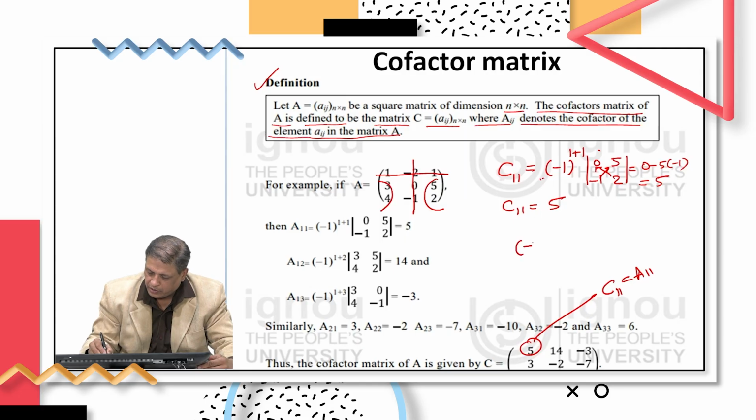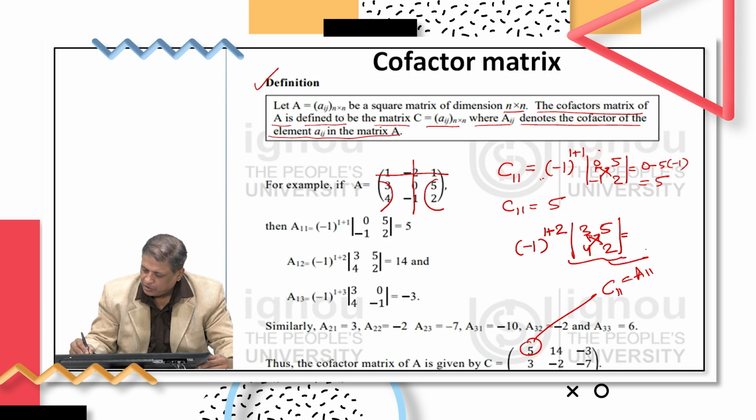So minus 1 to the power i plus j, that is first row, second column, and the remaining values are 3, 4, 5, 2. Calculating these, 3 into 2, 5 into 4, this turns out to be 6 minus 20. Then minus 1 to the power 3 is again minus, so this turns out to be 14. So 14 is the value.